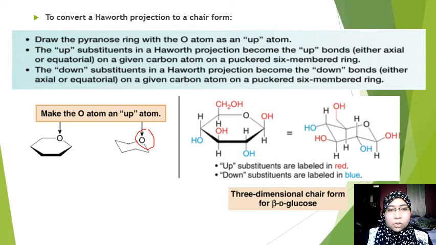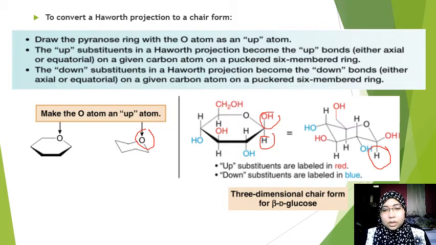The up substituent in the Haworth projection becomes the up bond, either axial or equatorial on a given carbon atom on a chair, and the down substituent in the Haworth projection becomes the down bond, either axial or equatorial on a given carbon atom on a chair.